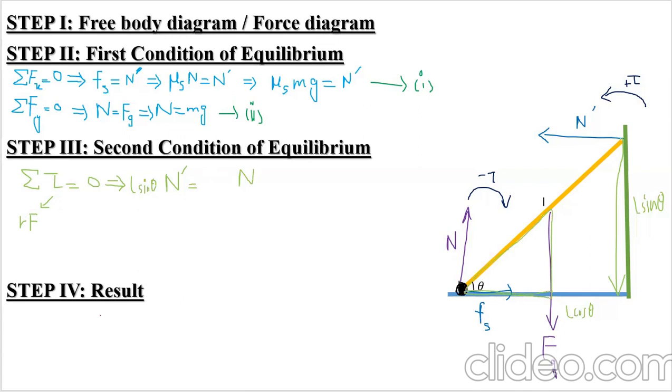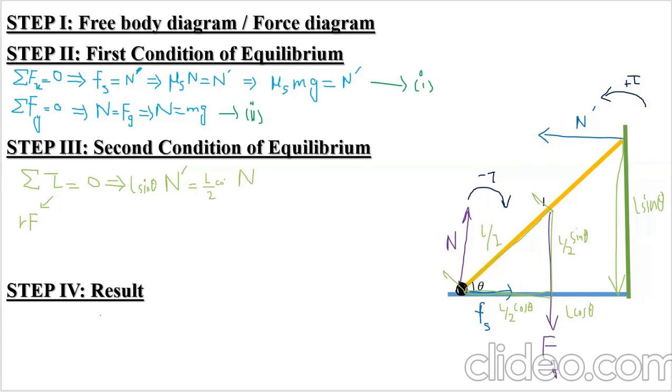If the distance from this point to this point is L, then the distance from this point to this point is L by 2. Now we resolve this L by 2 into components; this is the sine component, and this is the cos component, which is perpendicular to the normal reaction force. So what we write here is L by 2 cos theta.